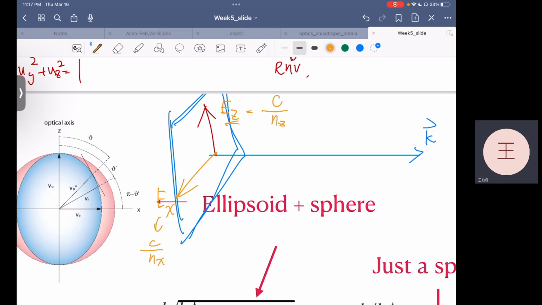And similarly, the x component travels at velocity c over nx. So after a period of time, the z component may travel to here, while the Ex component will travel to here, because they have different velocities.